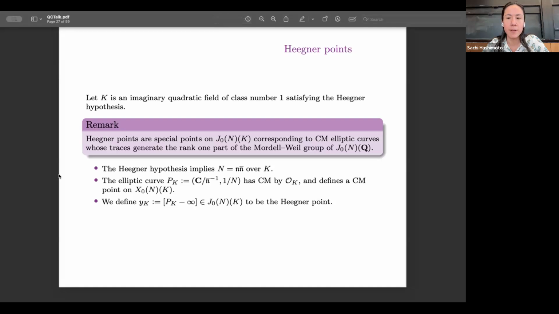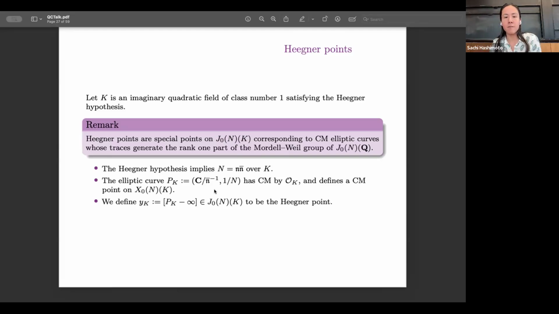And to say a little bit about how that construction goes, this Heegner hypothesis about primes dividing N splitting means that N splits as a product of n and n-bar over K. And so using this fractional ideal n here, or its conjugate, in the way that I've normalized this, I can construct an elliptic curve, and I can use that elliptic curve to define a point on X_0(N).